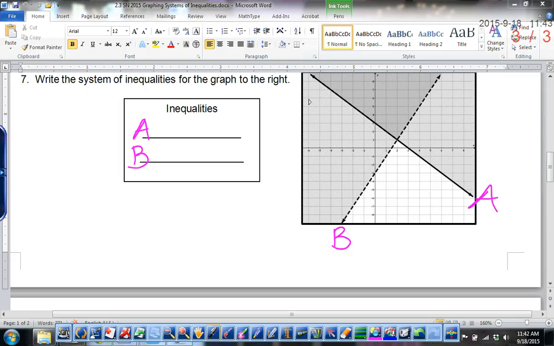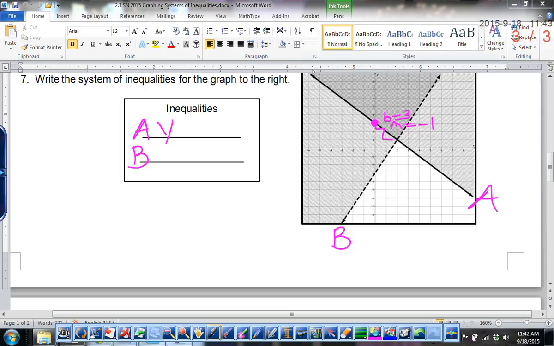All right, so let's look at line A. On line A, we have a y-intercept of 3. And what's our slope? Negative 1. Good. Down 1 over 1, down 1 over 1. So our slope is negative 1.